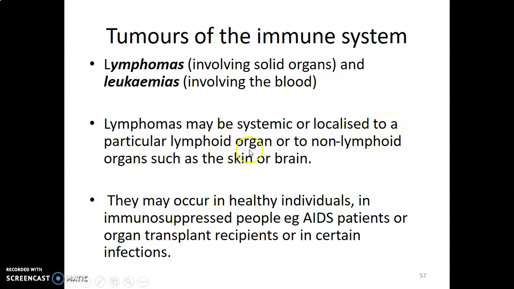Systemic will affect many sites, while localized will affect a specific lymphoid organ like the spleen. These conditions may also occur in immunosuppressed individuals, such as in AIDS and organ transplant patients, or in certain infections. In these cases, you may see involvement of the spleen.